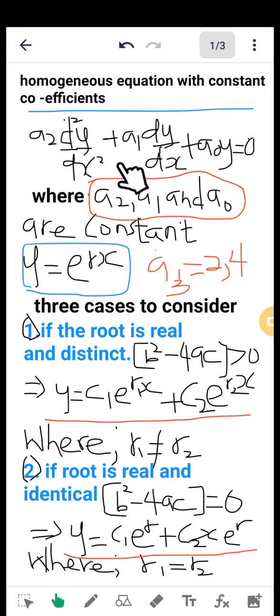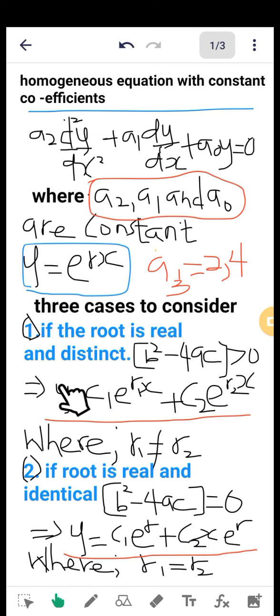If the roots are real and distinct, then b squared minus 4ac should be greater than 0. Hence, we will have it in the form y equals c1 e exponent r1 x plus c2 e exponent r2 x.